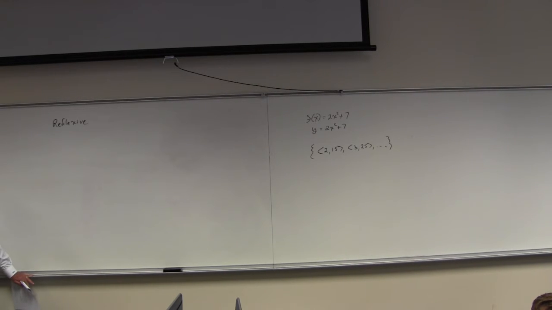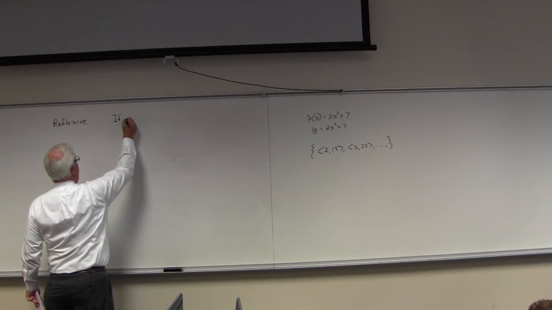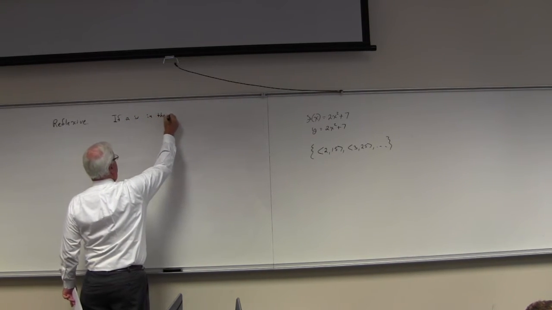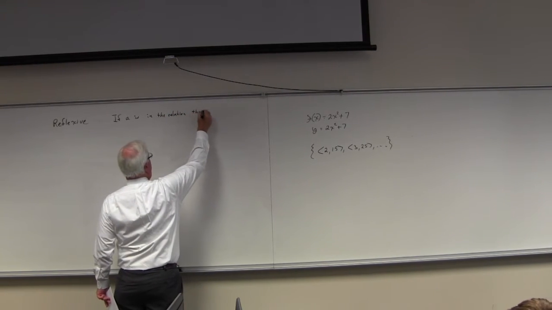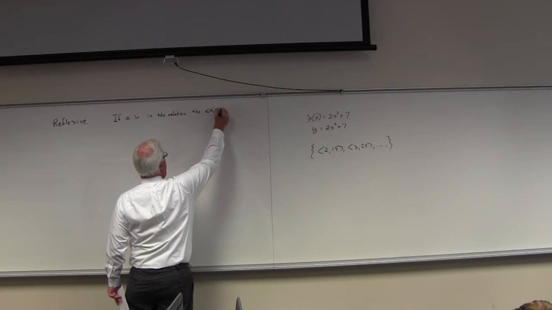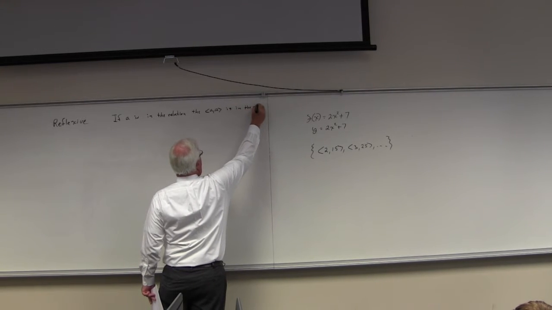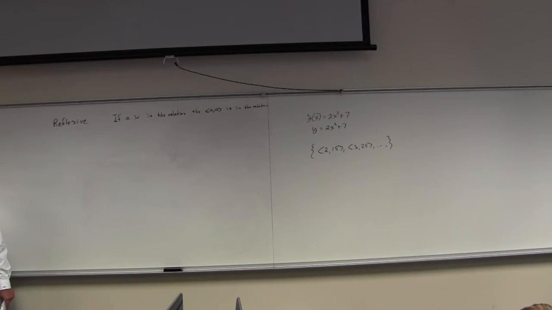So unless everything applies to this, the relation is not reflexive. So what this says is, if A is in the relation, then AA is in the relation. Okay? In other words, every element that's in there is related to itself.